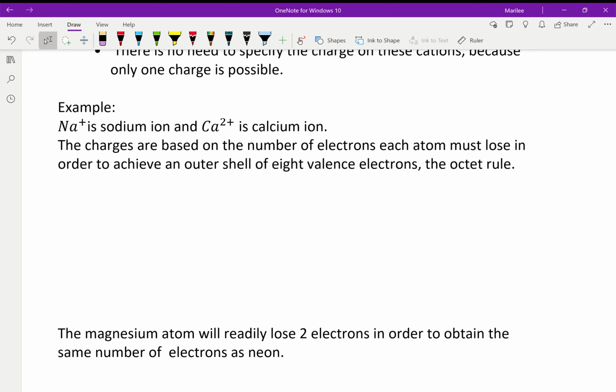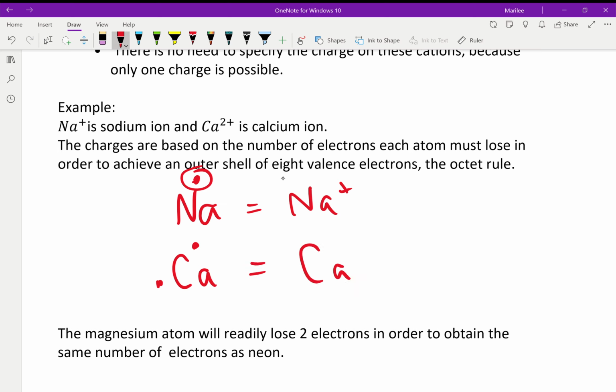So if I write that for you, Na has 1 electron in its most outer shell, so it becomes Na+ because it'll lose this electron right here, right? And then calcium has 2 electrons on its most outer shell, and that will become Ca2+ because it will lose both of these electrons.